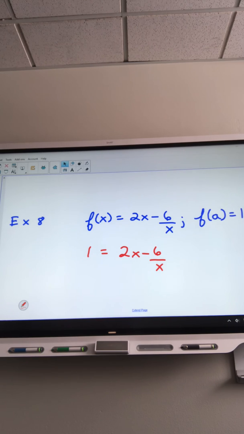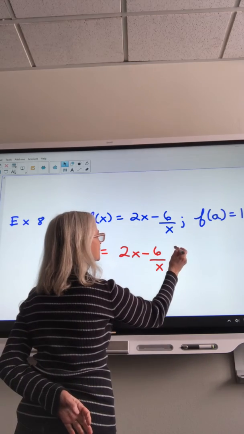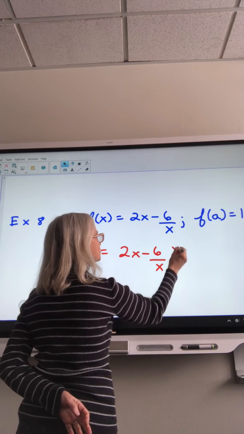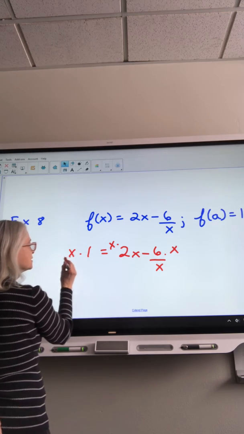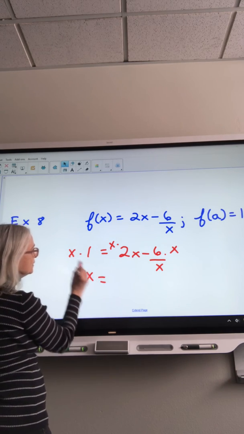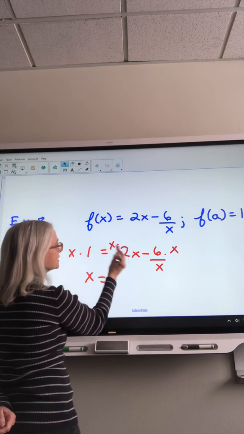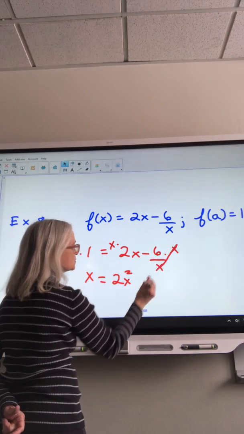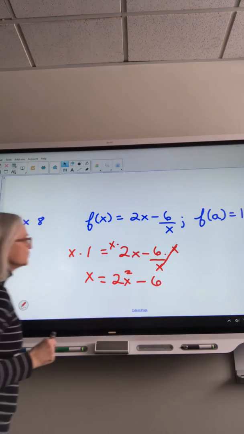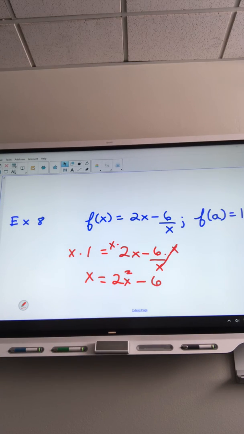Okay, so as we solve this, the denominator is x, so our common denominator is going to be x. So we're going to multiply all terms by x. So we have x on the left, x times 1 is x. X times 2x is 2x squared, and these x's would cancel out. So we have x is equal to 2x squared minus 6.